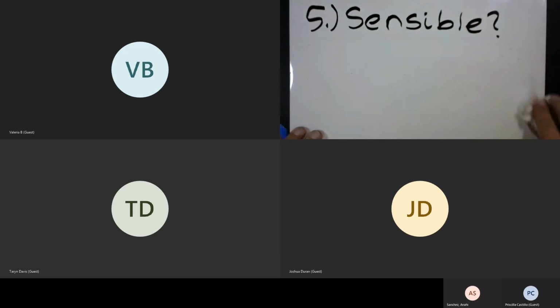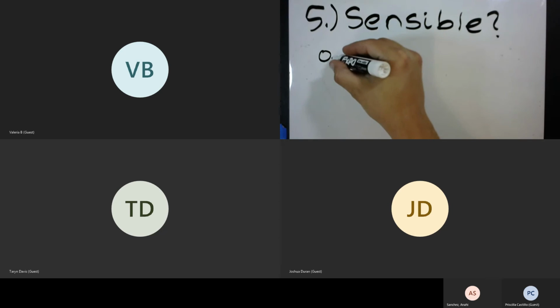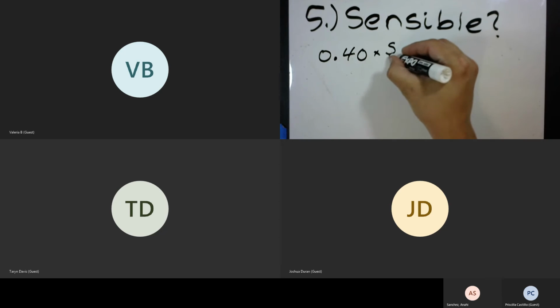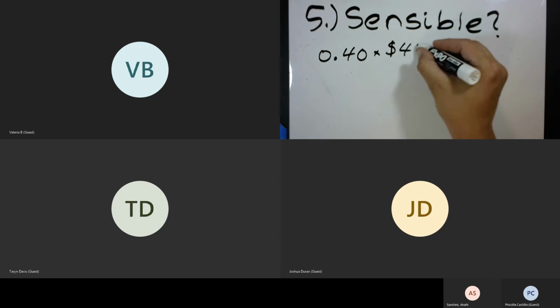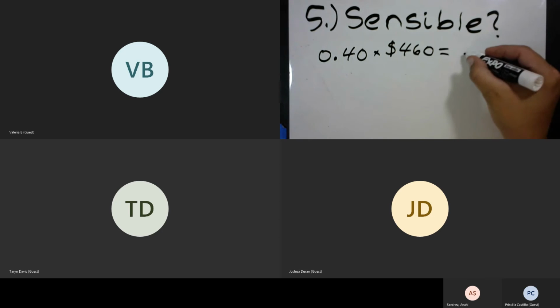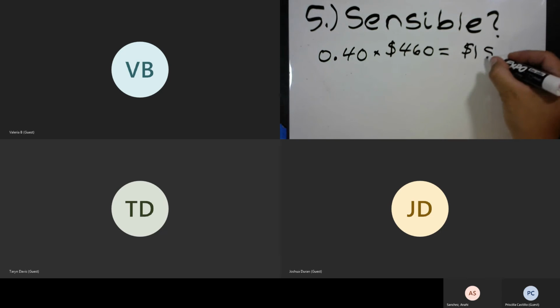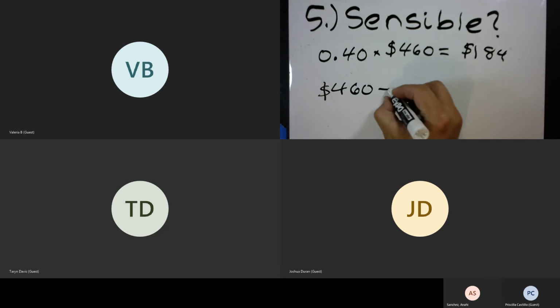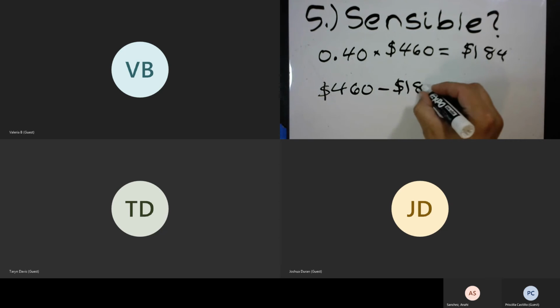We can see if this is making sense. So if you think about how to calculate 40% of 460, well, that's going to be $184. So we're going to get 40% off. So that means we subtract $184, which is our 40%.